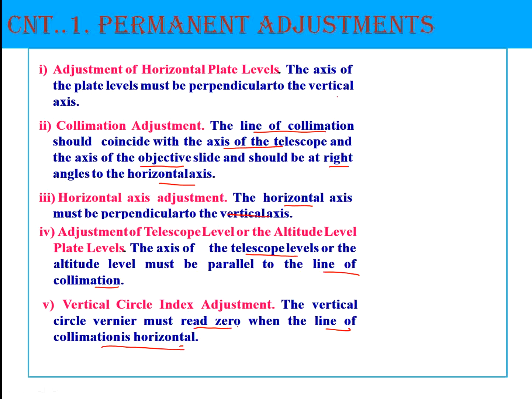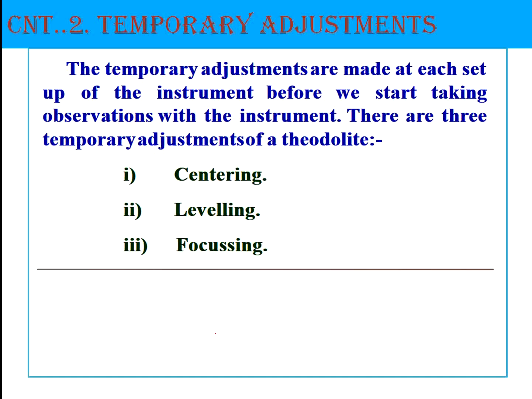This you must check during the reading of a vertical angle using a theodolite. So all this must be established before you take the reading using the theodolite. This will actually be set by the manufacturer of the theodolite. In the field, you have to only do the temporary adjustment.